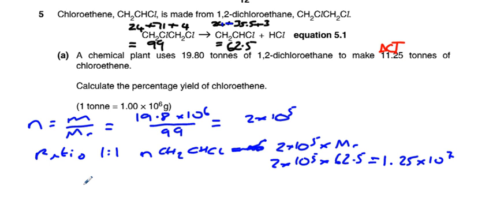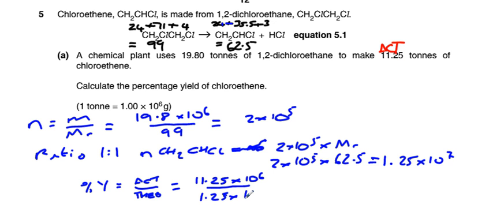So my percentage yield is my actual over my theoretical, which is equal to 11.25, I'll put it in grams now, times 10 to the 6 over 1.25 times 10 to the 7.